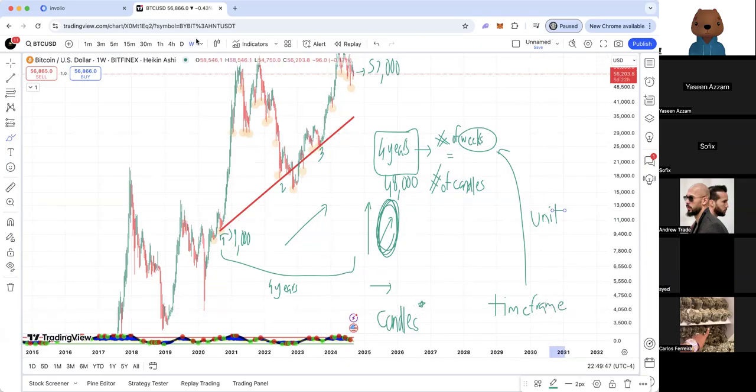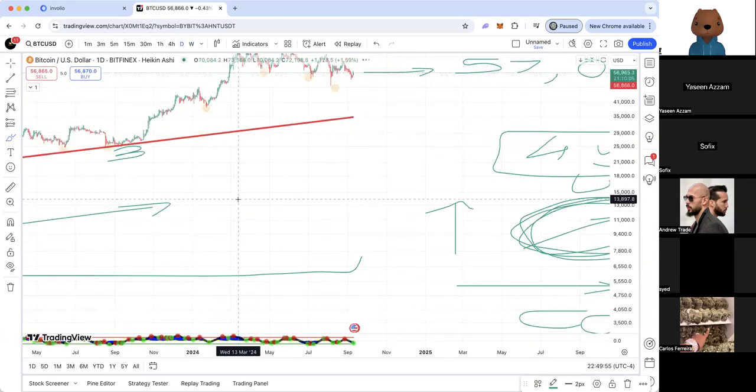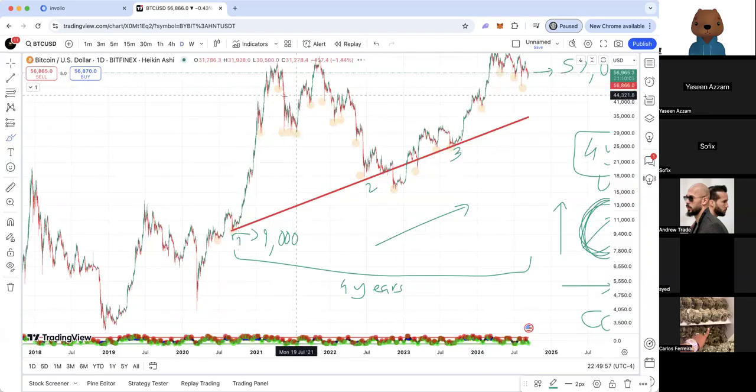So we chose the weekly time frame, so the number of weeks is here. But if we chose the daily, then each candle is the number of days, right? So each candle is 1 day, 1 day, 1 day, 1 day.